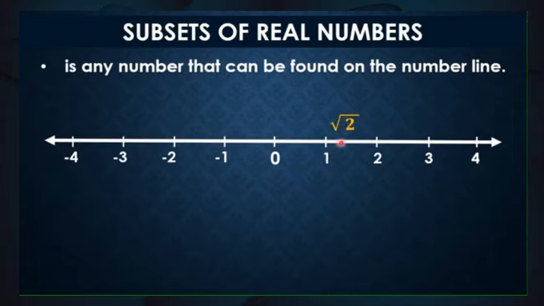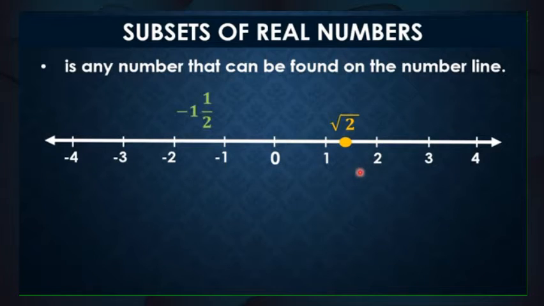So, kung 1.4, if this is your 1.5, therefore, saan natin siya ipa-plot? Dito, usog tayo konti. And this is your 1.4. So, square root of 2, dito siya. Okay? So, kailangan, you try to plot or graph muna yung ating mga real numbers. Malalaman nyo kung ano ang arrangement niya sa increasing and decreasing order.